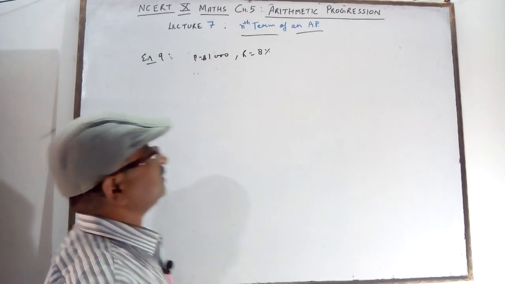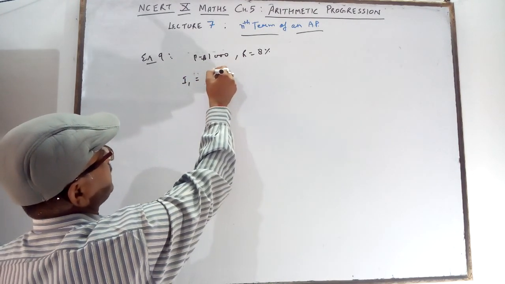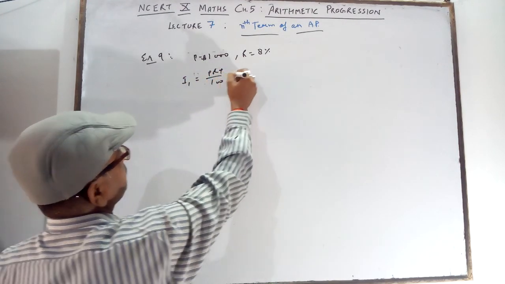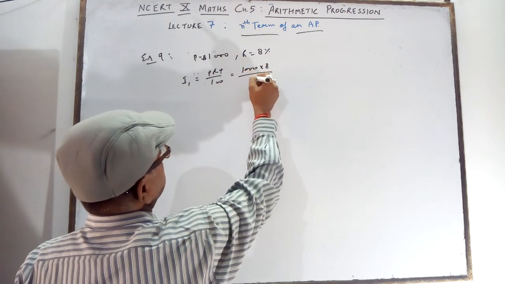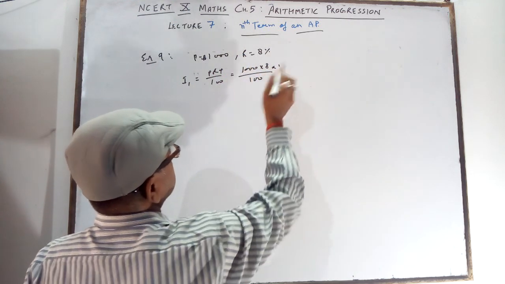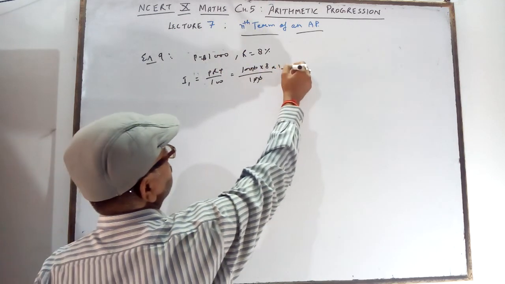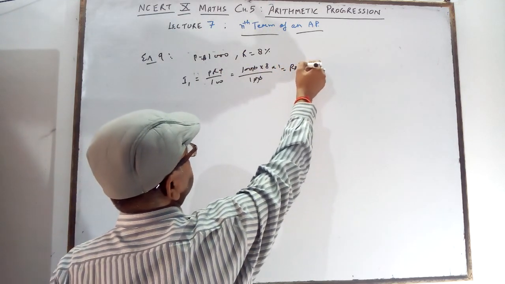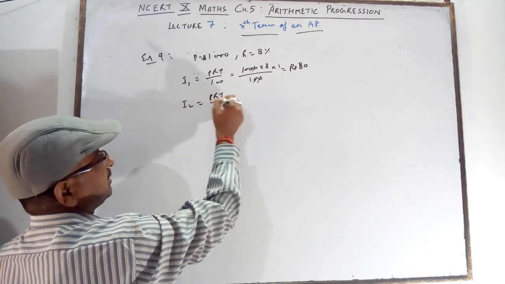First of all, you find out the interest I1. I1 is equal to PRT upon 100. So 1000 into 8 upon 100 into 1, that is rupees 80. Similarly, for I2, again PRT upon 100.